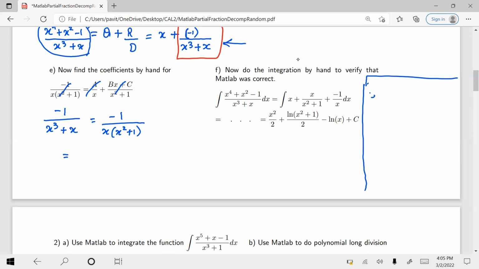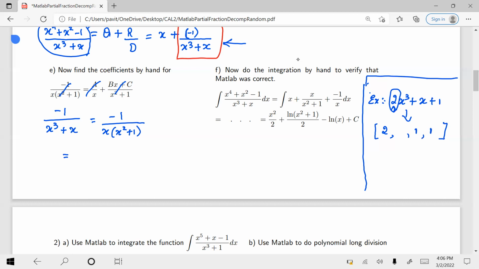For example, if you have 2x cubed plus x plus 1, what are the coefficients for this polynomial? These are called coefficients. The numbers in front of the x terms are called coefficients. For the x cubed I have 2, for the x I have 1, and the constant is 1.